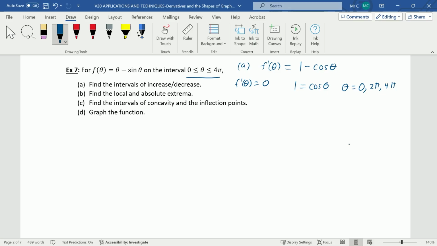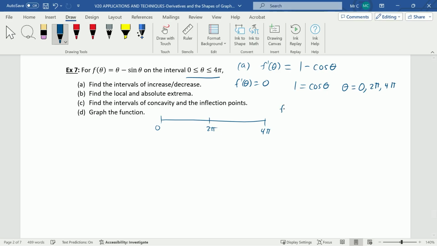So now we want to find our intervals of increase and decrease. Well, let's go ahead and plot our interval here. In this case, the interval doesn't go on forever, right? It stops at 4 pi and 0. So we'll put 2 pi right in the middle there.